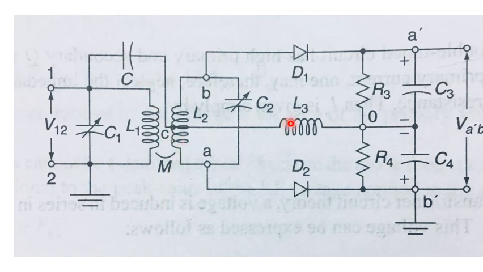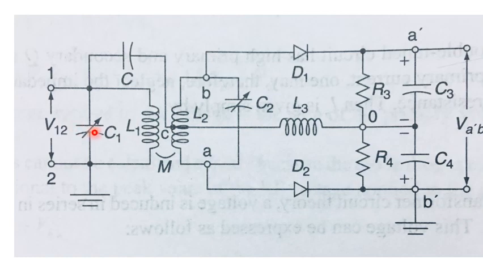Therefore the voltage V12 is directly applied to this circuit arm C, L3 and C4. And we know that the capacitive reactances of C and C4 are very small. Therefore, the entire voltage V12 will appear across the inductor coil L3. Hence, the voltage across the inductor coil L3 is V12, that is the primary voltage.